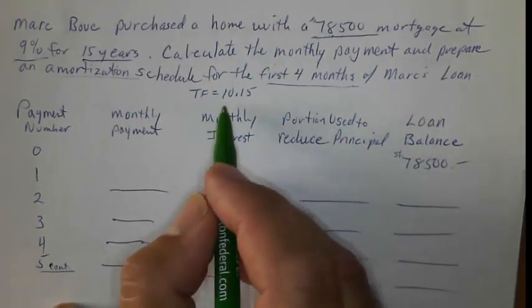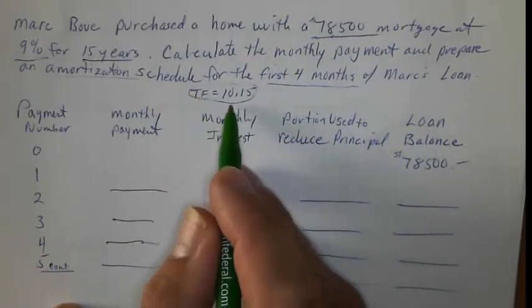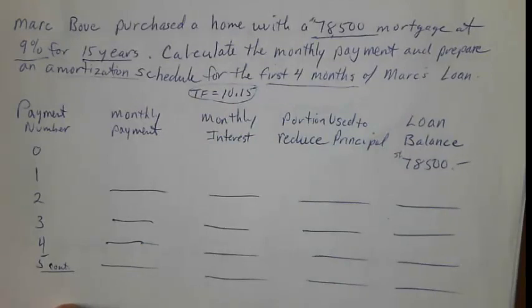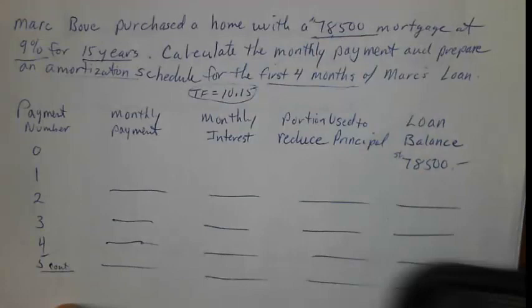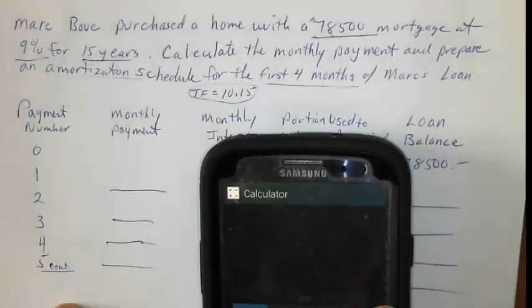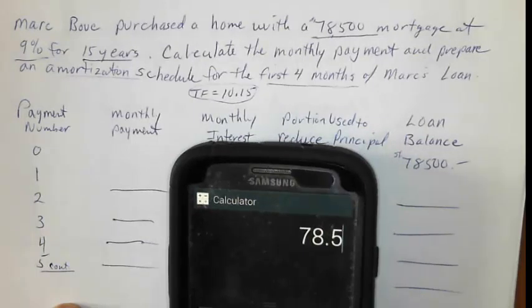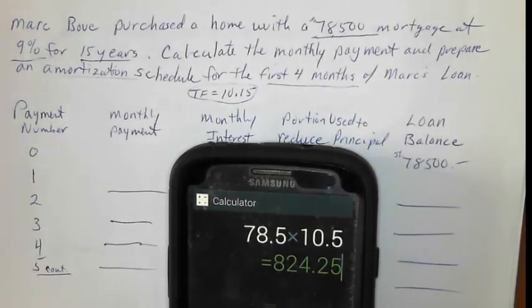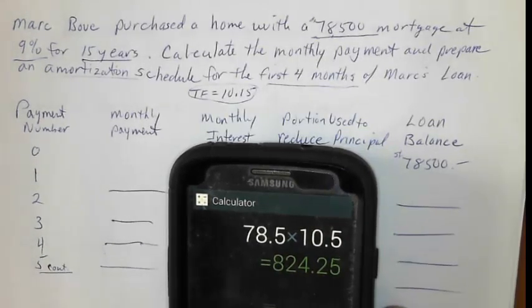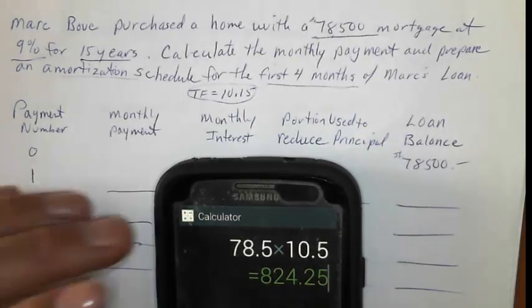I sped this up a little bit by looking up the table factor of 10.15. So we would have then 78.5. So 78.5 for our thousands times 10.15 for our table factor. And so we're going to have this for our answer.